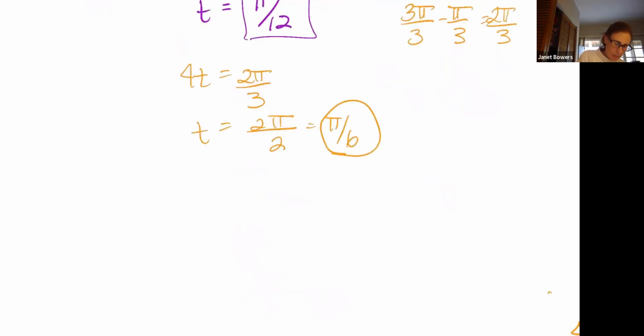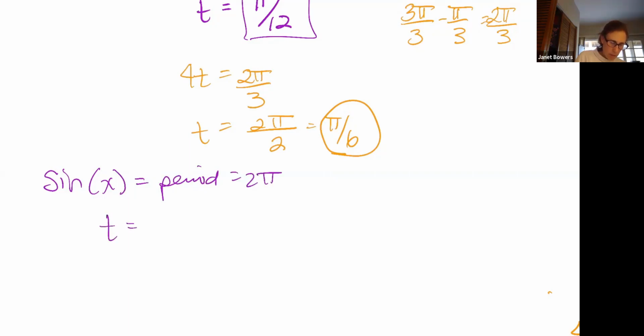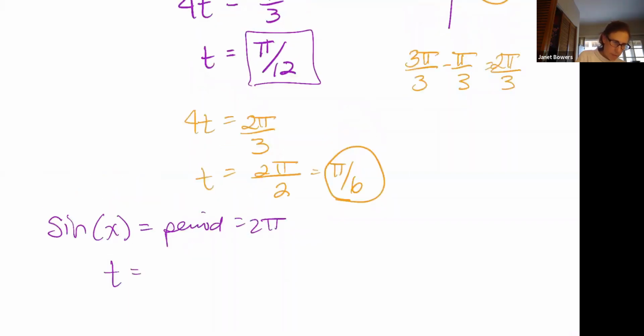If it was a regular sine function, say the sine of x, that has a period equal to 2 pi. So if this was the sine of t, then we would say t is equal to whatever the answer was plus 2n pi.